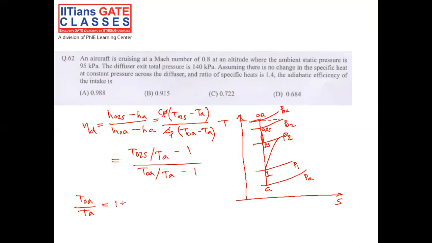Now T0a by Ta, from the isentropic relation of gases, is 1 plus gamma minus 1 by 2 M squared, where M is the Mach number at which the aircraft is cruising, which is given as 0.8.